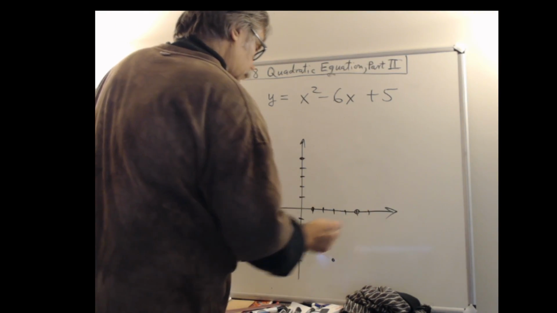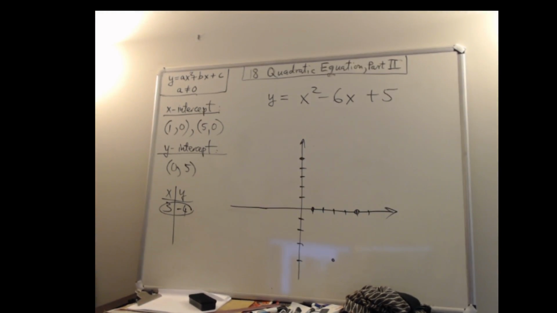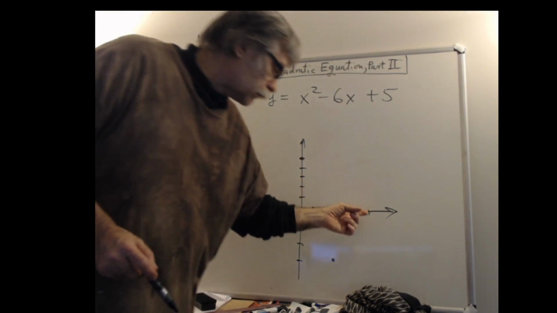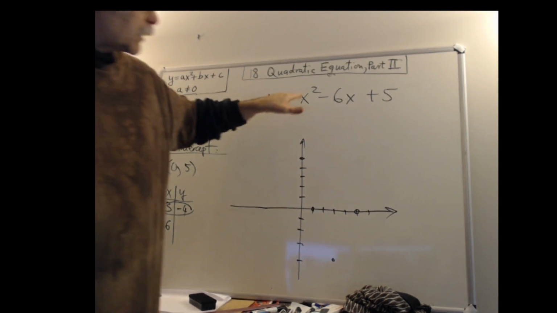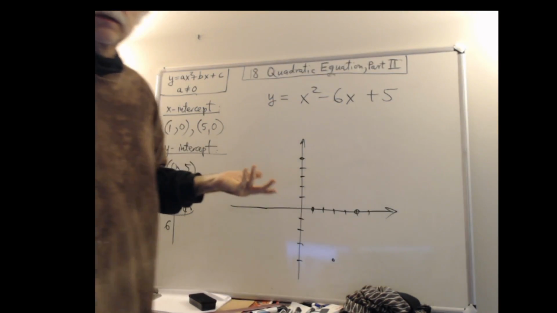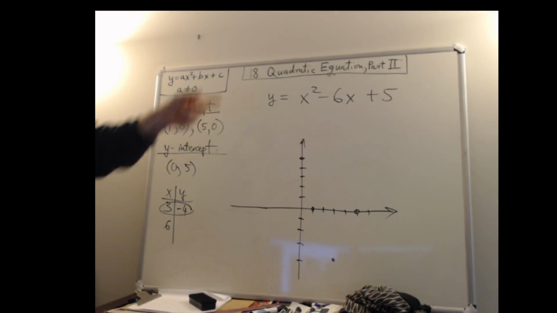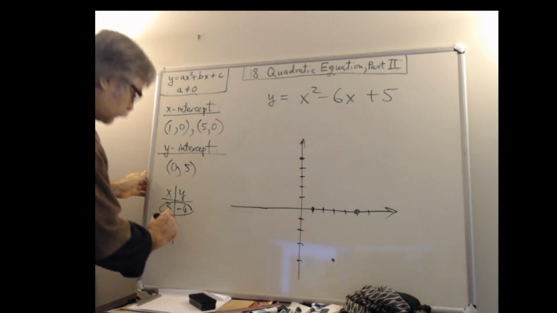And now the next thing I want to know is probably one more strategic point, to find out what happened here when x is equal to 6. When x is equal to 6, it is 6 squared minus 6 times 6, which is 6 squared minus 6 squared, which is 0. You get 5.